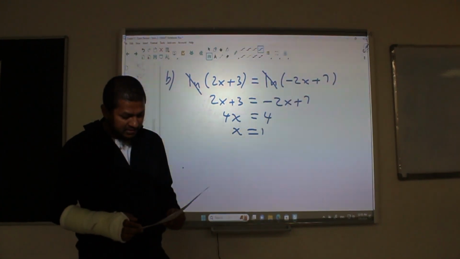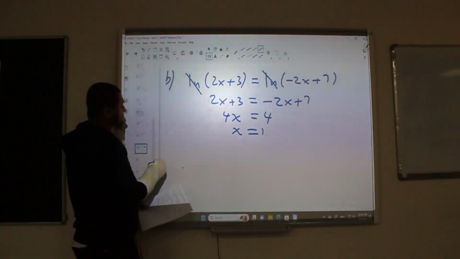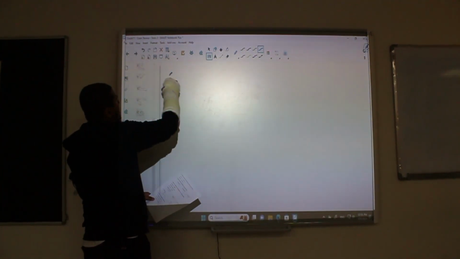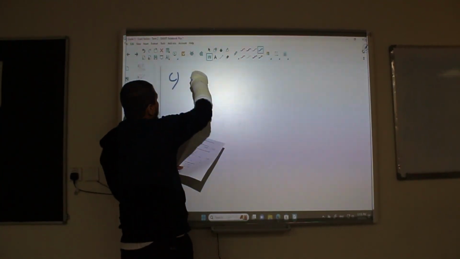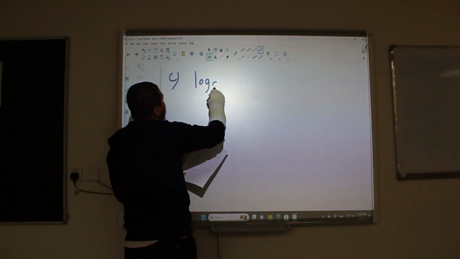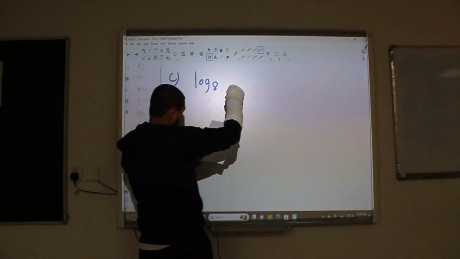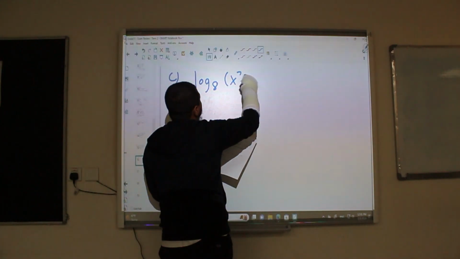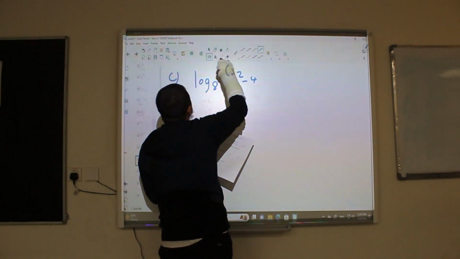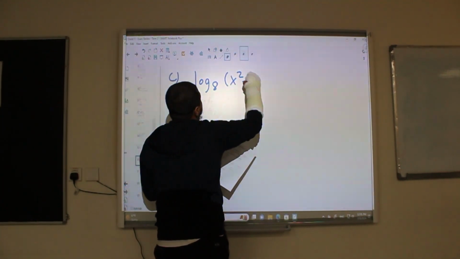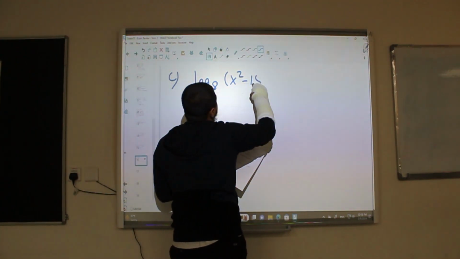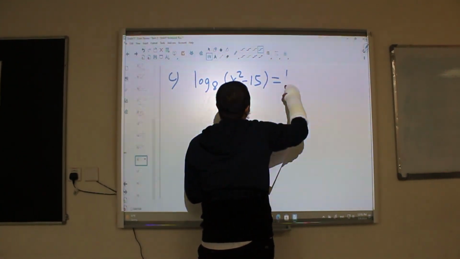Then part C, something similar. Log base 8 of x squared minus 15 is equal to log base 8 of 4x.